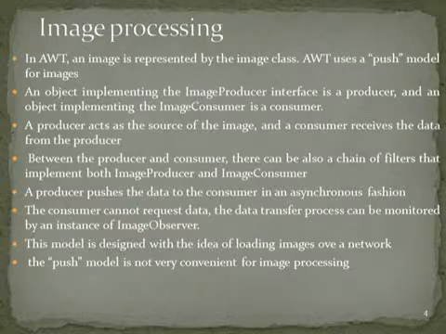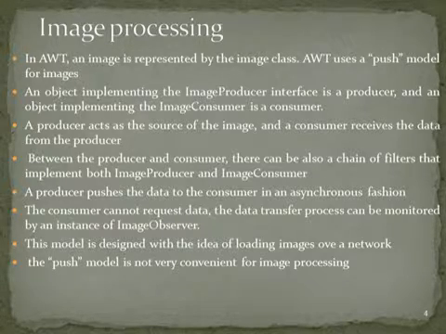A producer pushes the data to the consumer in an asynchronous fashion, and the consumer cannot request the data, so the data transfer process can be monitored by the ImageObserver. This model is designed with the idea of loading images over a network.